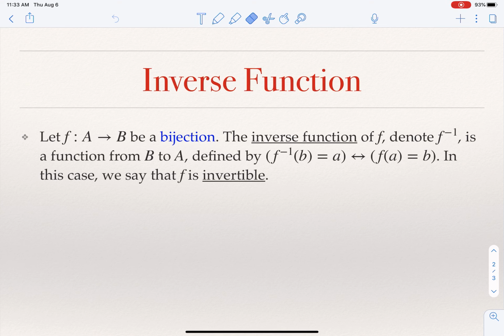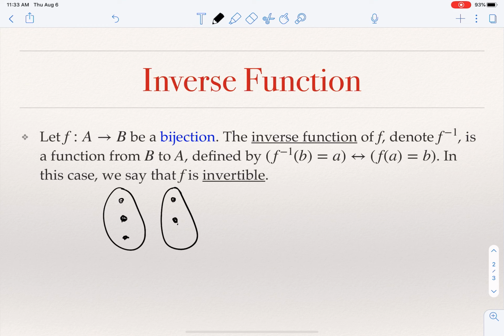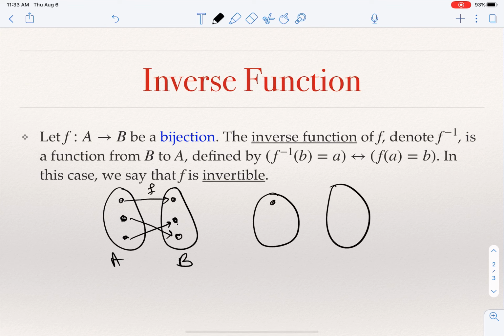So if we have, for example, this function here, suppose I have this is A and this is B, and this is the function f, then the inverse of this is the following function.